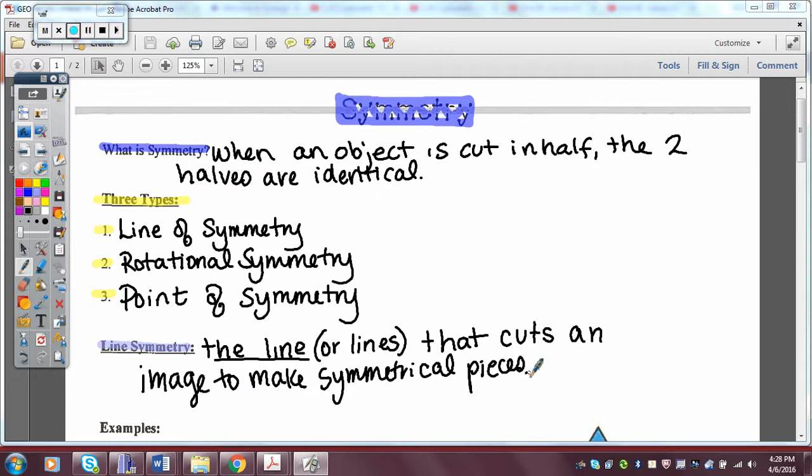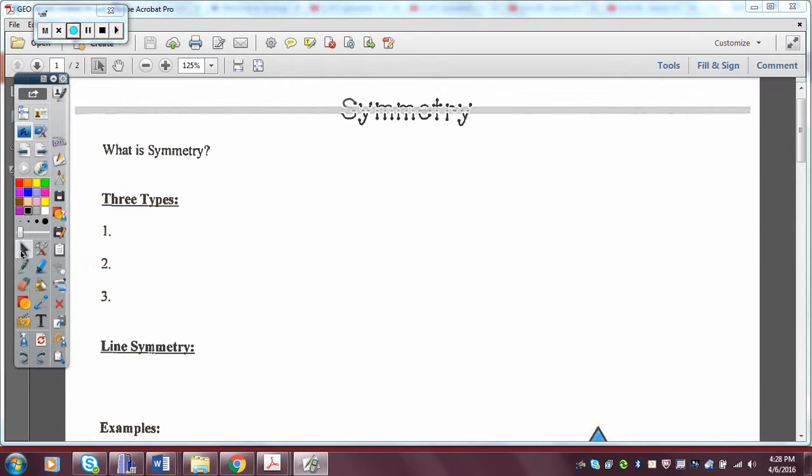Okay. So, if we're looking at a shape, and I want to determine the number of lines of symmetry each shape holds, you have to look at it carefully. So let's take a look.